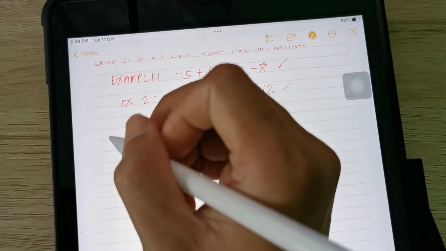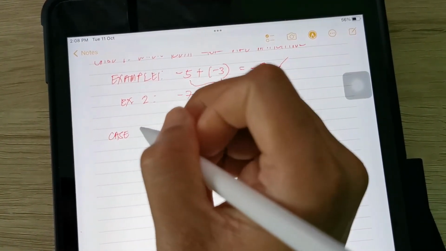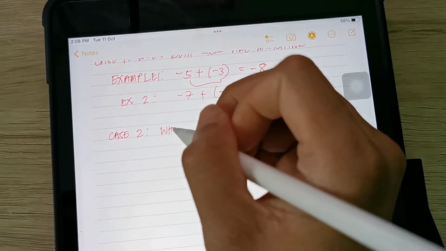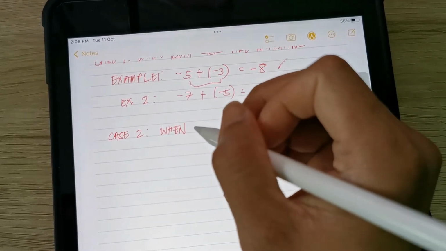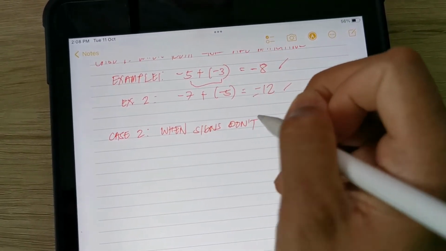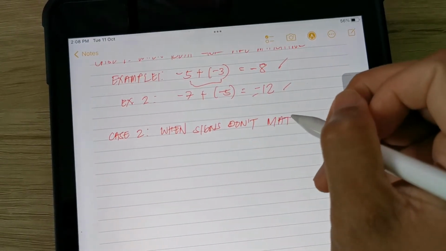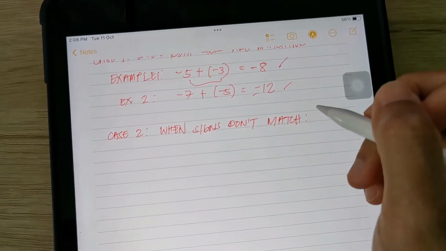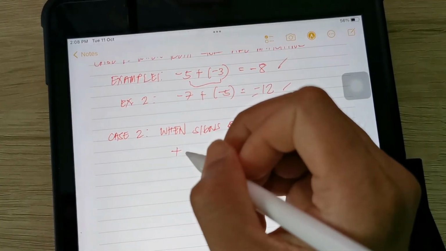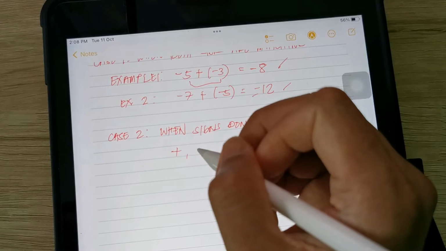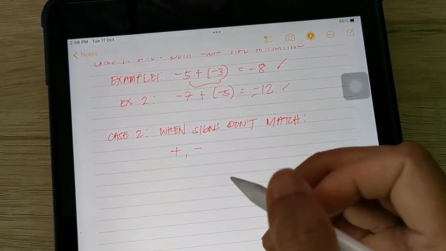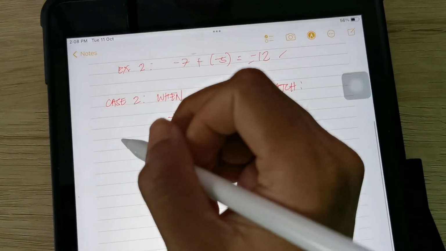Case number 2 is when signs don't match. Ibig sabihin, yung isa is positive and then yung isa is negative. Okay, para mas maintindihan natin, let's have an example.